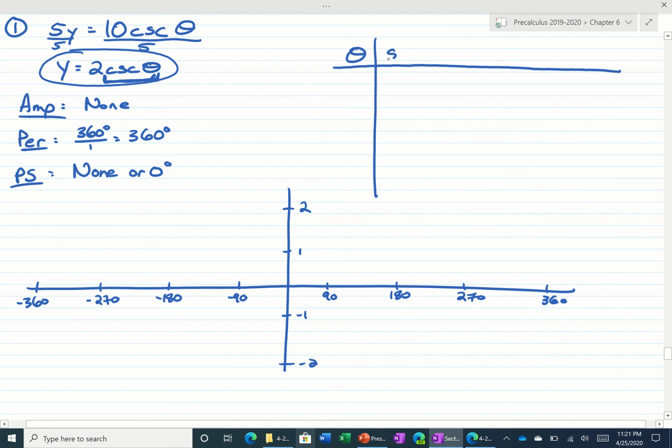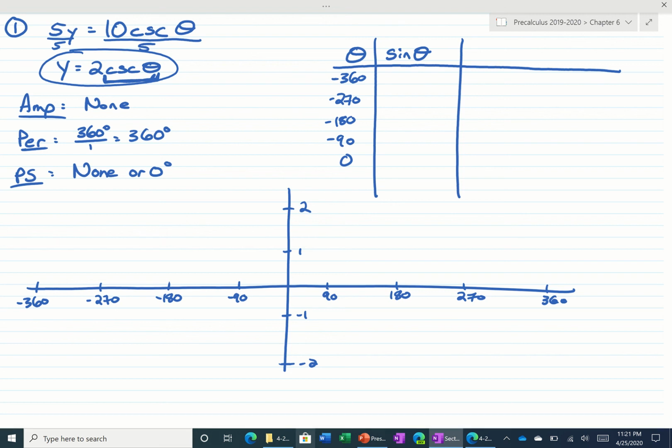So the sine of theta, let's figure this out. So I'm going to type in the sine of theta, or sine mem variable a, at negative 360.